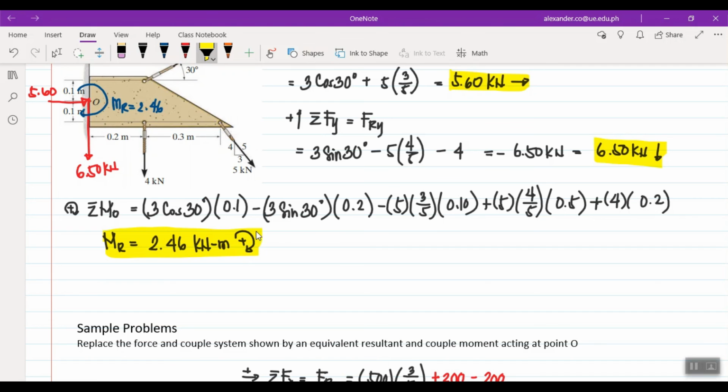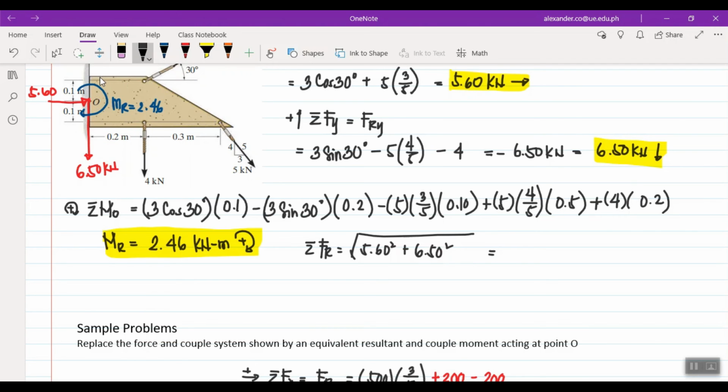Okay, balik tayo dito. Bilisan lang natin. So, yung resultant, F sub R, kung yun ang tinatanong, ano yung x? Ito, 5.6 squared plus 6.5 squared. Okay? Hindi na natin kailangan kunin yung theta kasi dito may moment na, no?